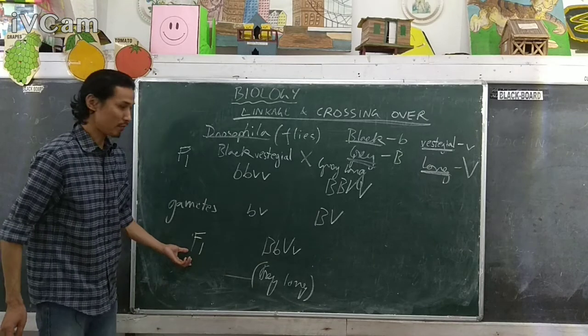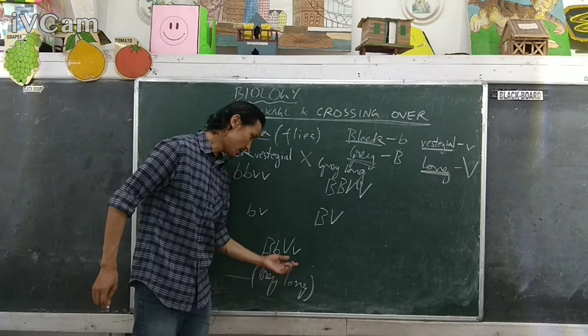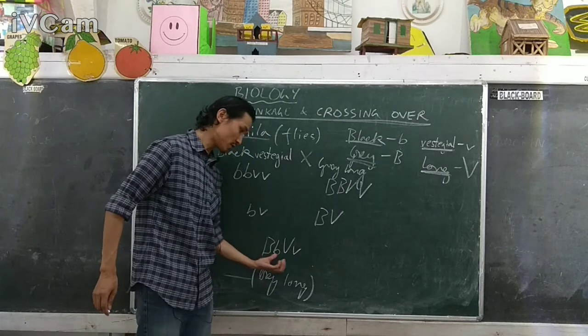So in the F1 hybrid, we're getting an individual with gray body and long wings. They are hybrid because they contain both sets of genes.